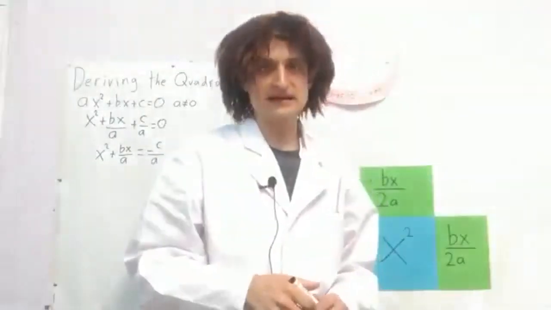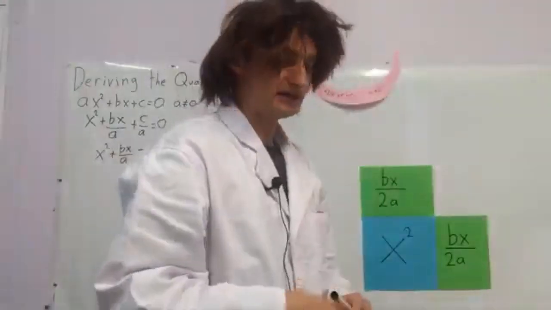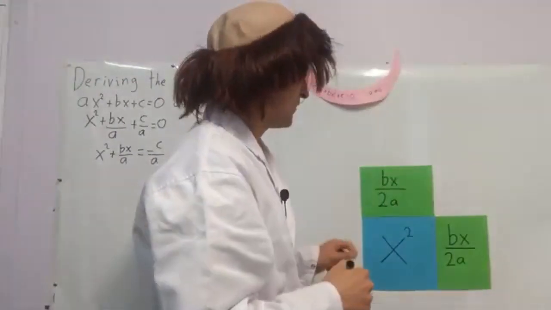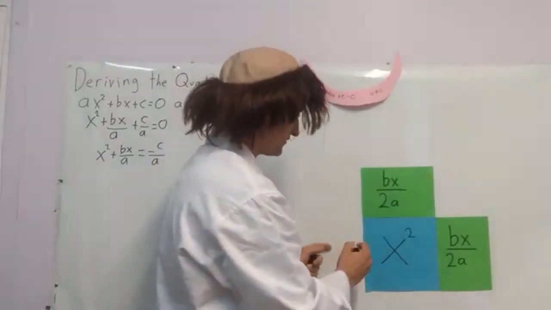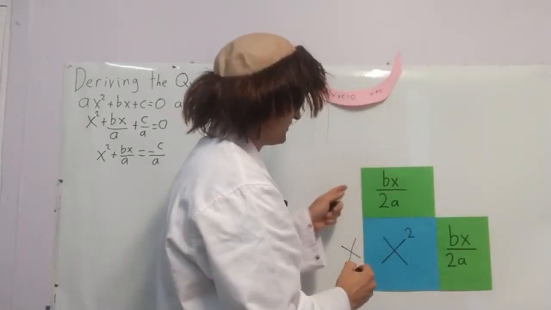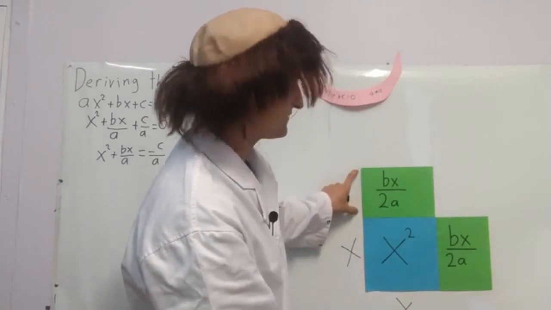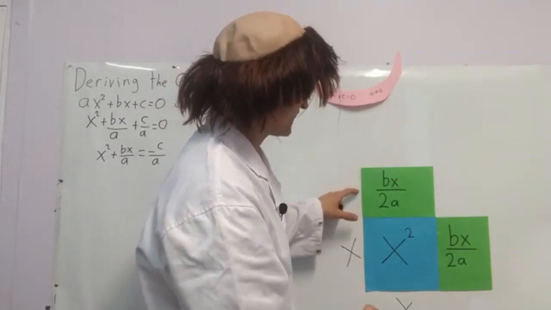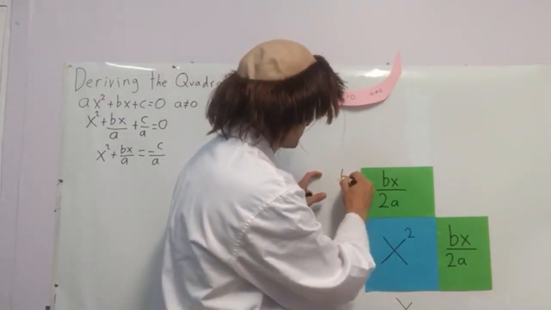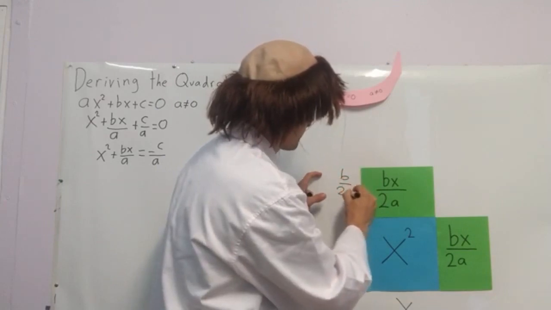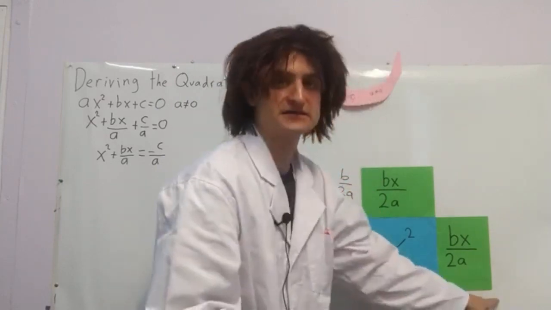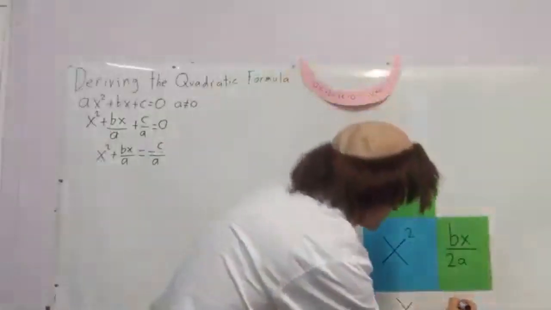Let's do some labeling now so that we can complete the square. What are the dimensions? Here we have x. Here we have x. This length is b divided by 2a, and this length is b over 2a.